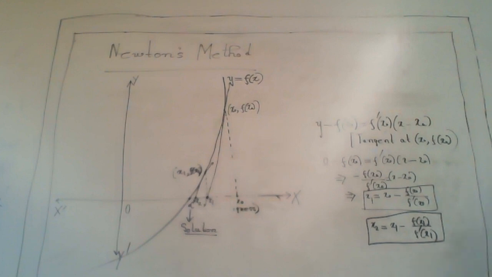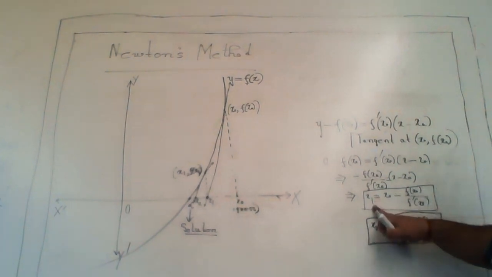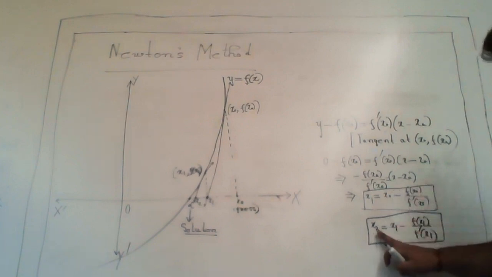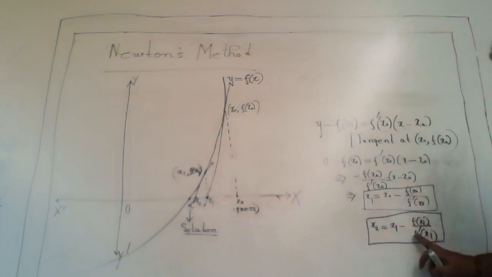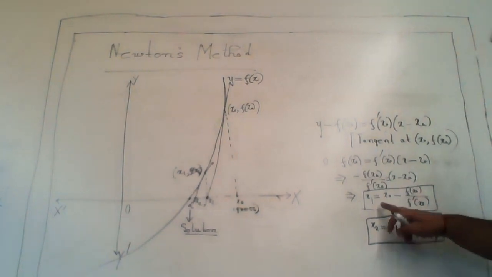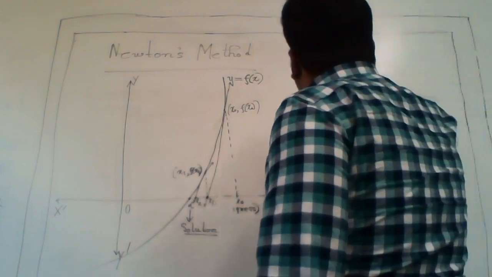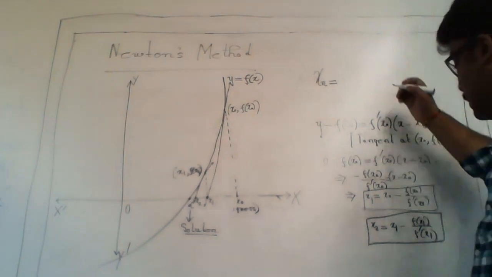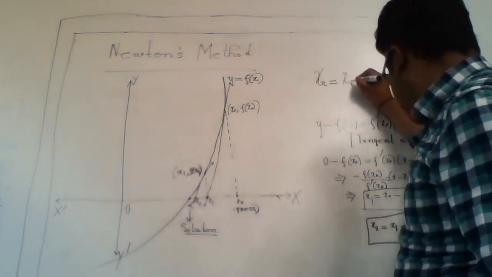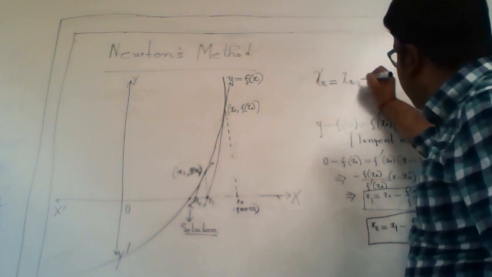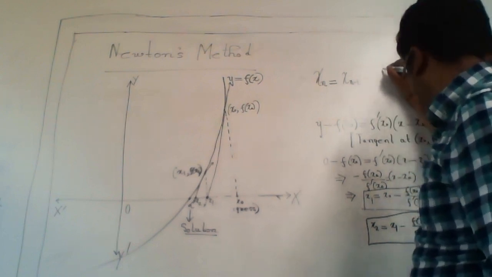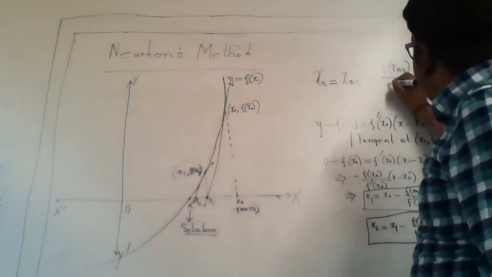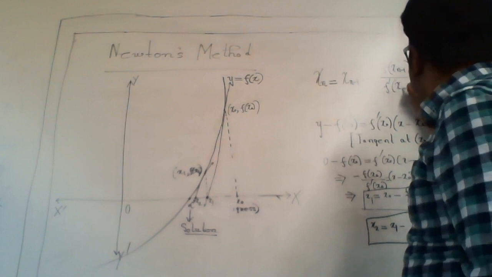So now you see that x1 equal to x0 minus f of x0 by f prime x0, x2 equal to x1 minus f of x1 by f prime x1. So in general, you can write down the equation of xn as xn equal to xn minus 1 minus f of xn minus 1 divided by f prime xn minus 1.